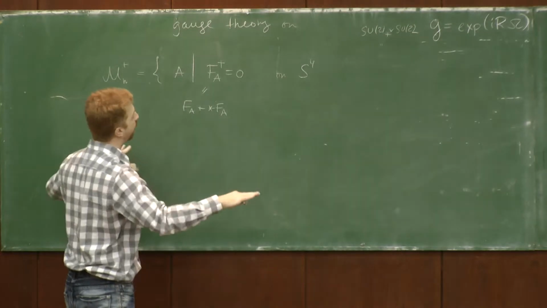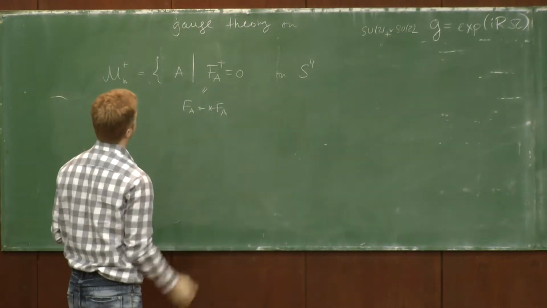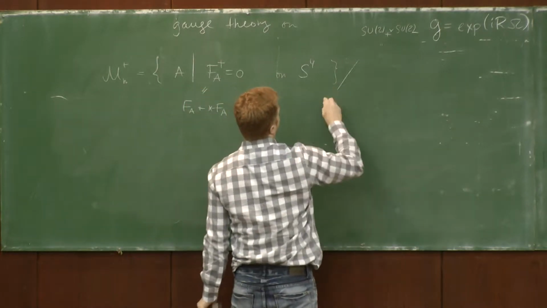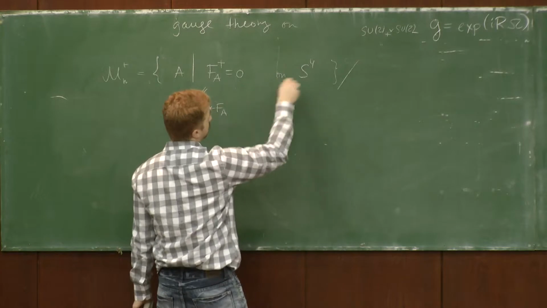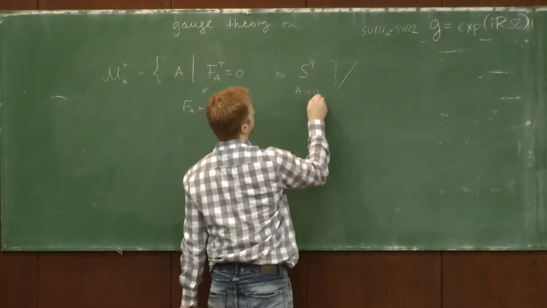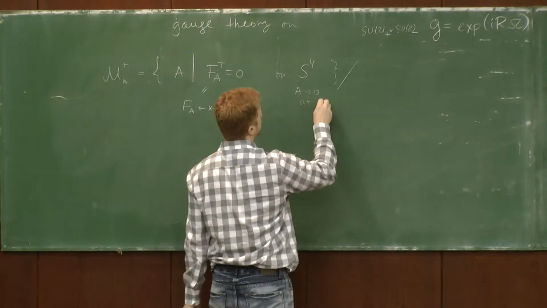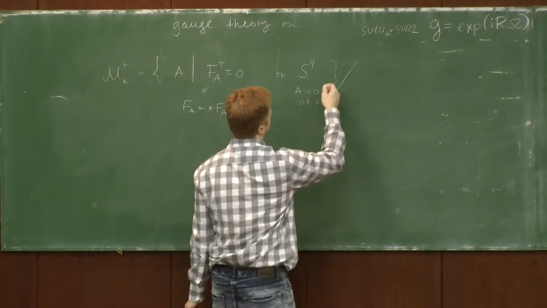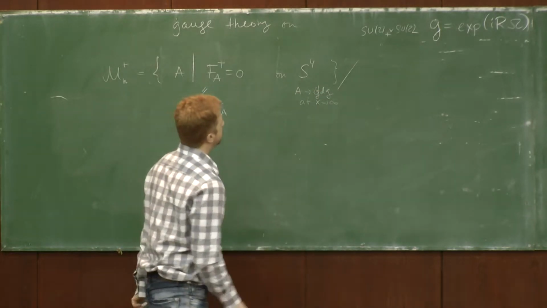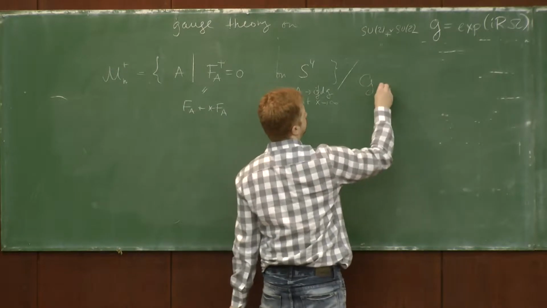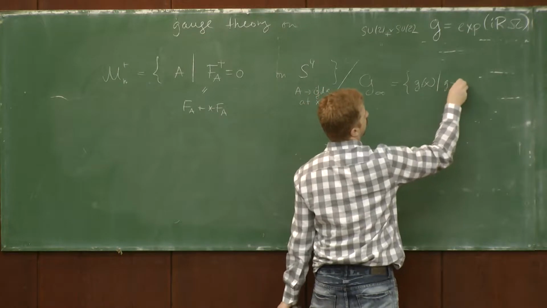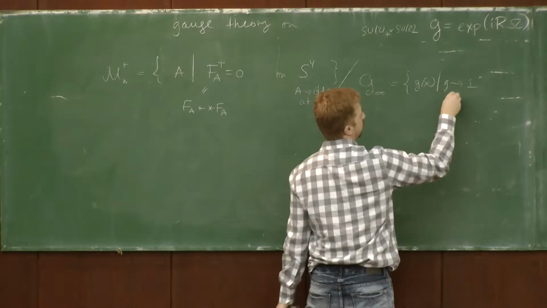So we work on R4, but it's convenient to add a point at infinity so they have finite action. So they extend to S4, and they approach trivial gauge field at infinity, trivial up to the gauge transformation. And we divide by the gauge transformations which approach 1 at infinity.